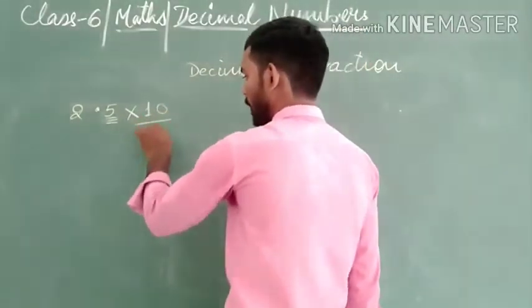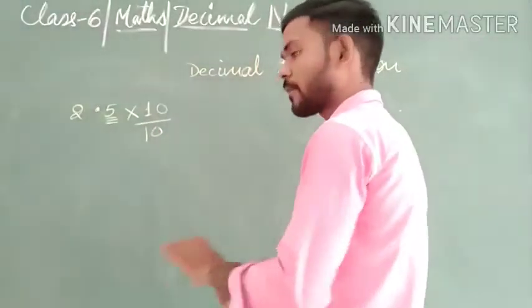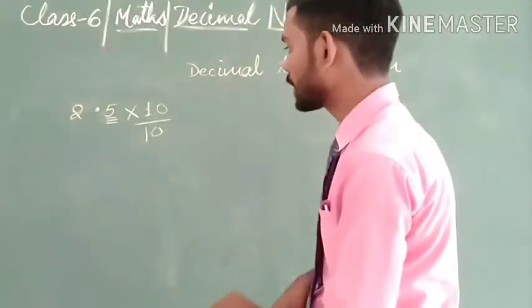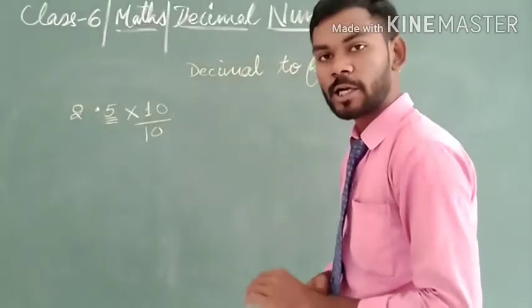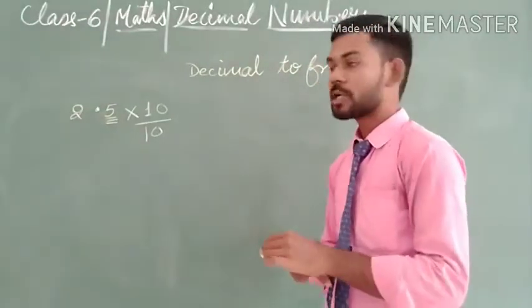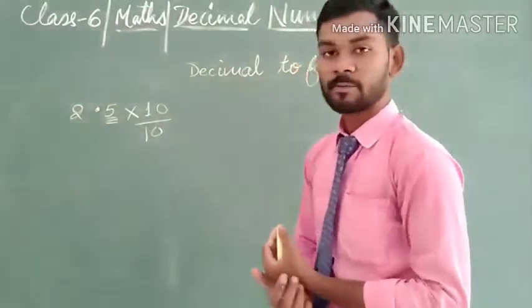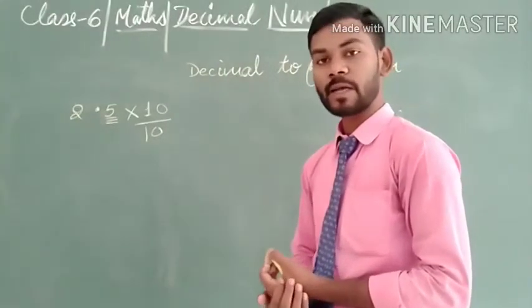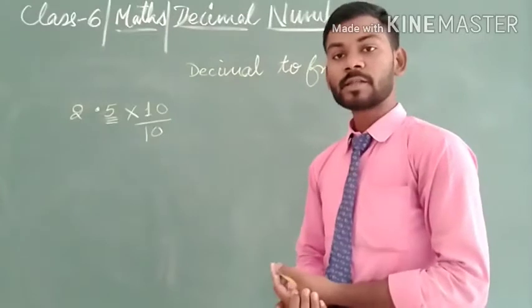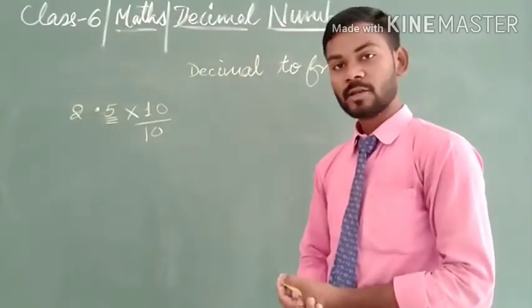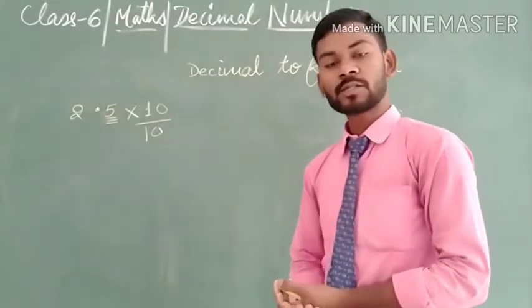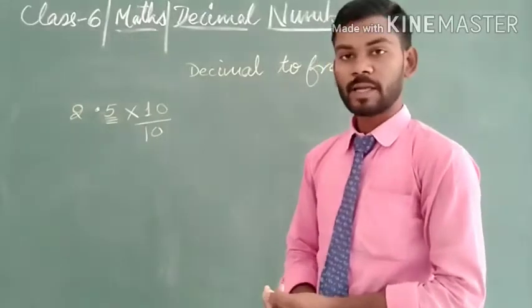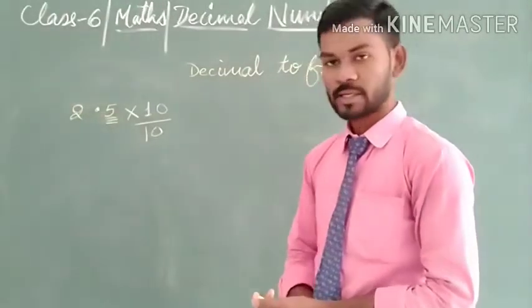But why should we divide it by 10? Because in order to keep the value of the given decimal number constant. If we only multiply the given decimal number by 10, then its value changes. So in order to keep the value unchanged, we have to multiply and divide simultaneously.